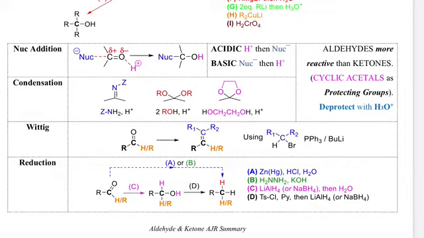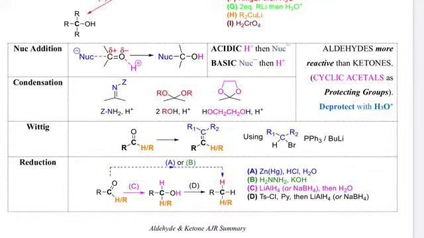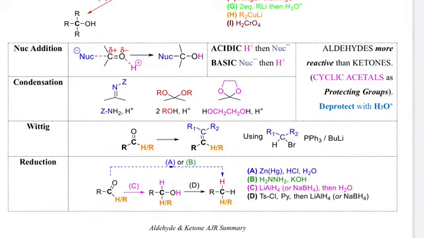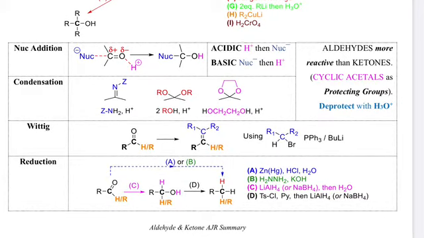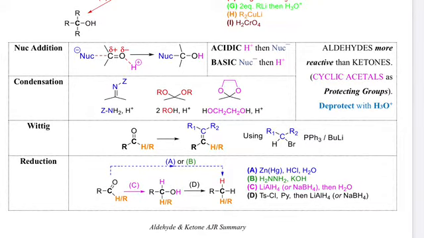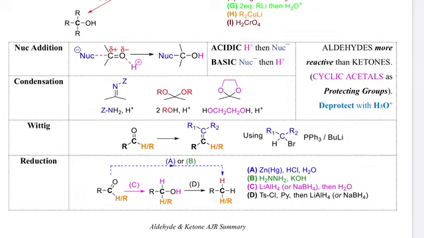The next issue, which is on the top right of that bottom third of the summary, is the statement that aldehydes are more reactive than ketones. So aldehydes and ketones both do nucleophilic additions, both do condensations. However, aldehydes will do those same reactions quicker than ketones.